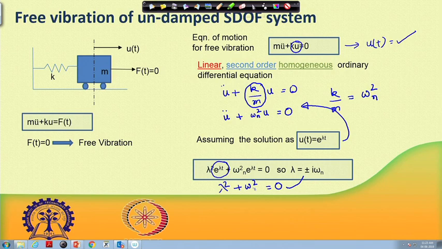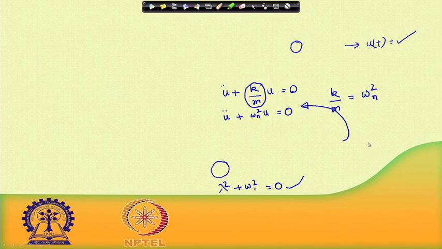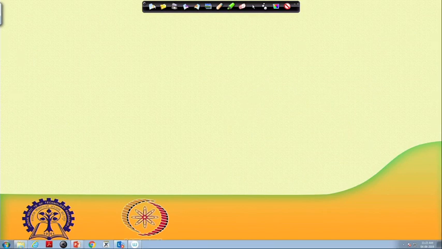So, now we have derived that lambda equals plus minus i omega n.